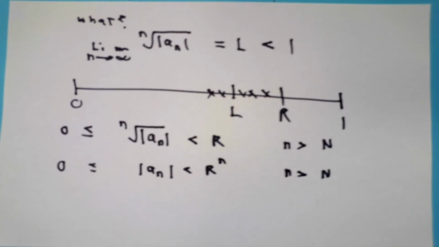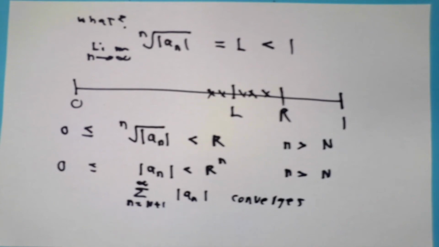If you imagine adding up such things, you're going to be adding up increasing powers of r to the n. This is a geometric series. Since r is less than 1, it converges. The terms in the middle are trapped between 0 and the terms of a convergent series. This says that the sum of the terms in the middle must converge.